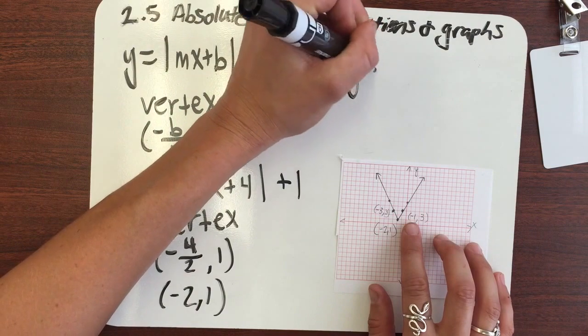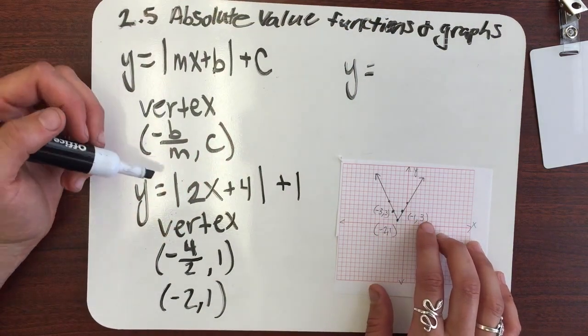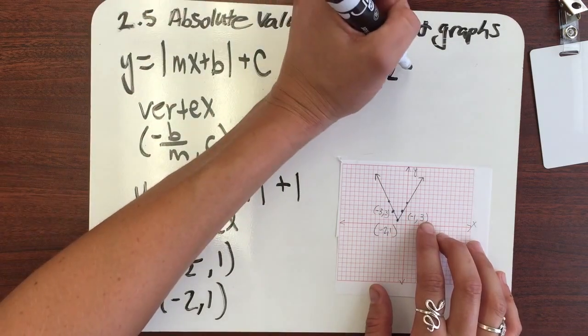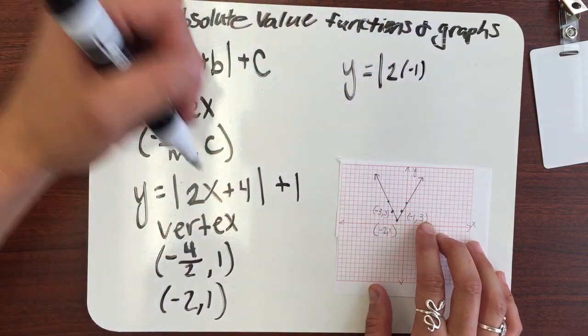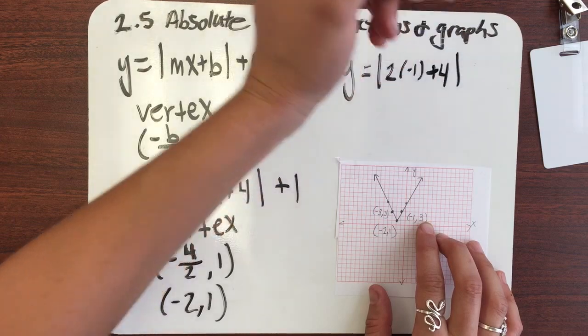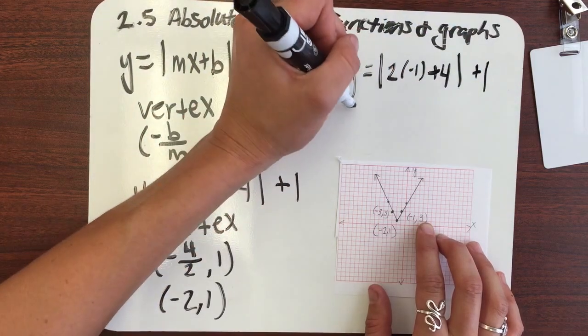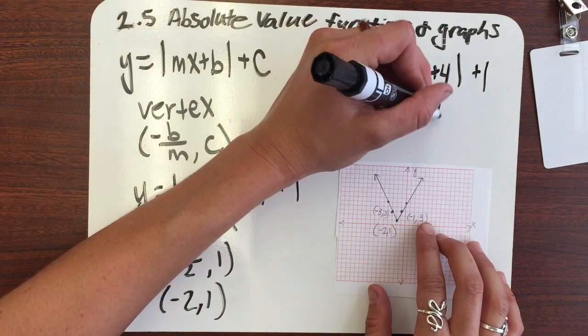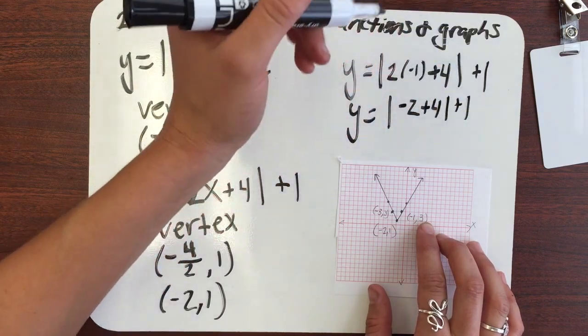We have y equals, I'm checking negative 1, I should get a 3 for my y. So I get 2 times negative 1 plus 4, and then plus 1. So this will be y equals the absolute value of negative 2 plus 4, plus 1 on the outside.